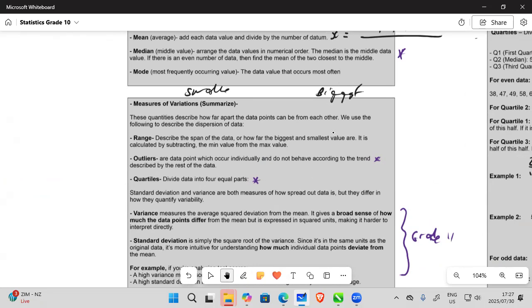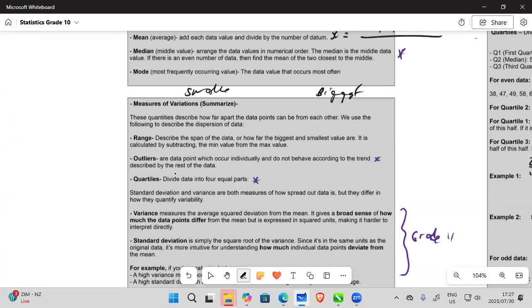Outliers, I will explain how we get to that. But basically the definition of it is a data point which occurs individually and does not behave according to the trend described by the rest of the data. So to say someone is an outlier means they performed exceptionally, with marks of 100 plus percent, which is even impossible, or extremely low, but it doesn't behave according to the trend of the data set.